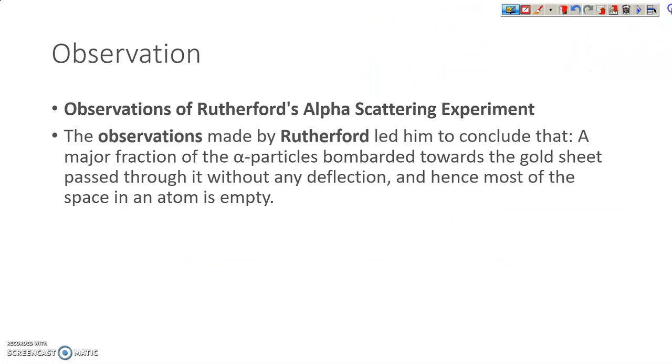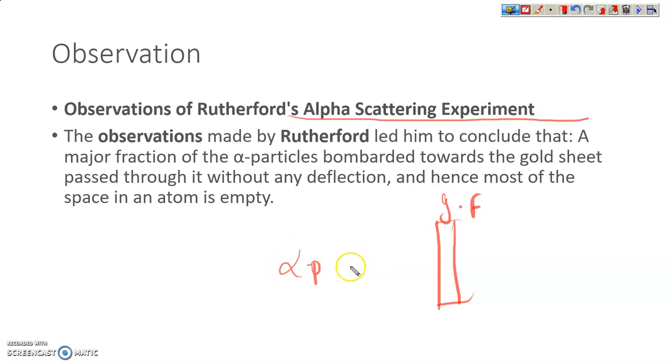Now we'll see the observation of his alpha scattering experiment. From his experiment, he saw that most of the alpha particles passed straight through the gold foil. Suppose here is a gold foil, and here he put alpha particles, and he saw that most of them passed through it.